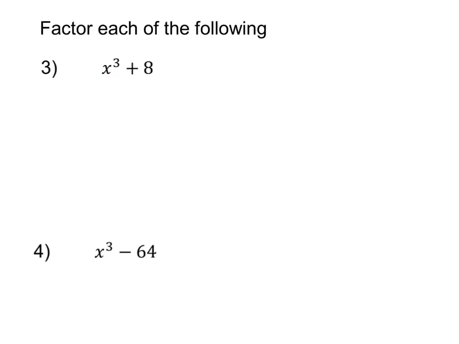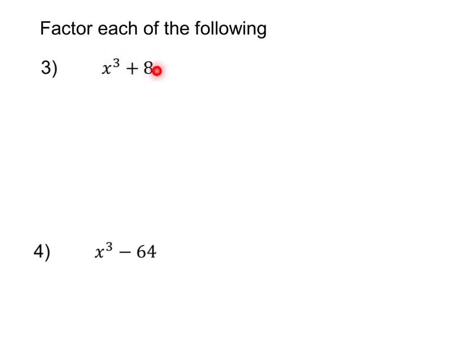All right, now I'll show you how to actually do this. We're going to factor this polynomial here, x cubed plus 8. Remember, we have those two formulas. For this one, because I have a plus, an addition problem, we're going to use the sum of cubes pattern. The first thing you need to do is recognize this x cubed plus 8 as the sum of two cubes.